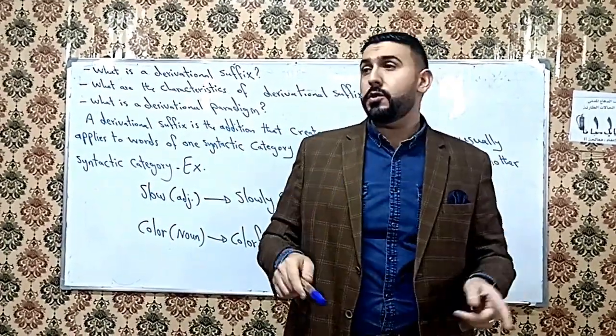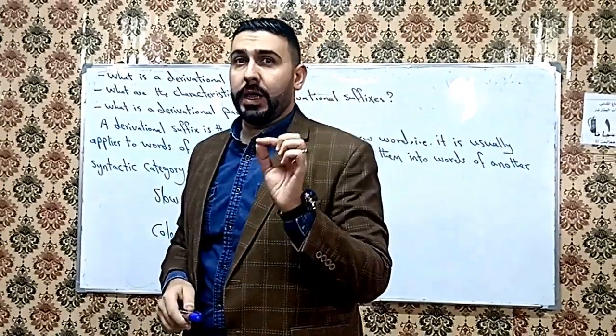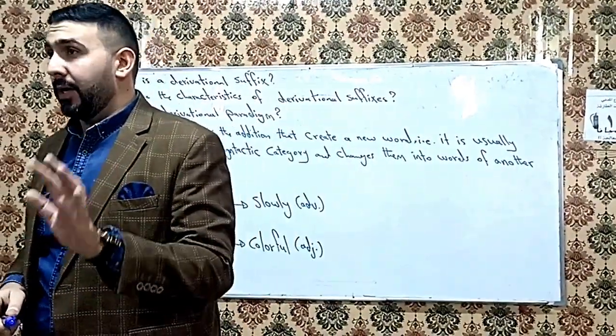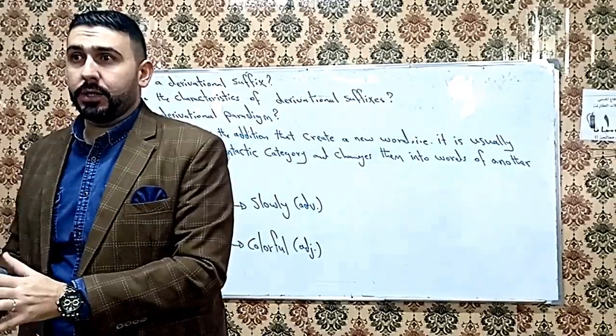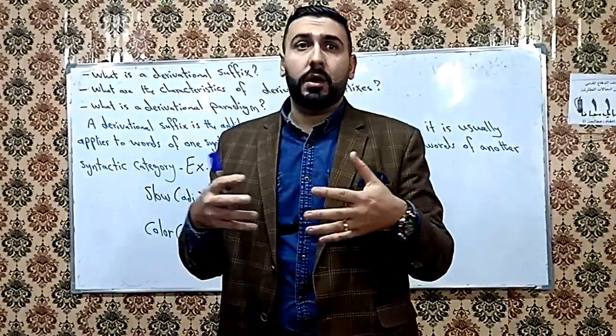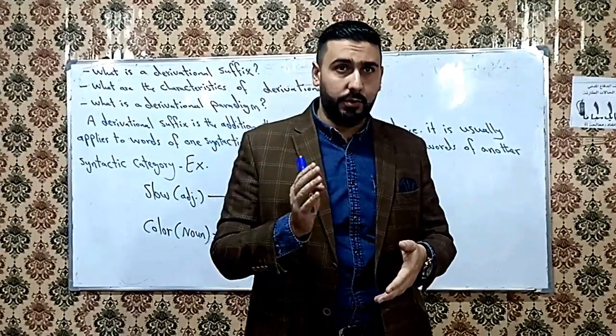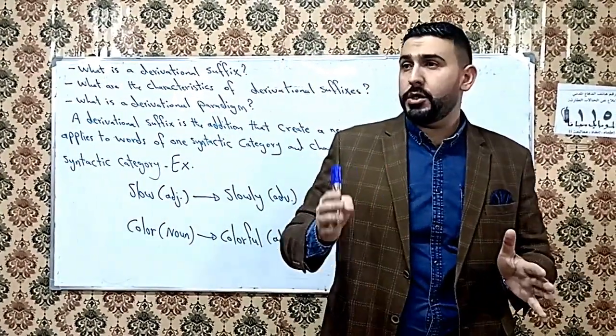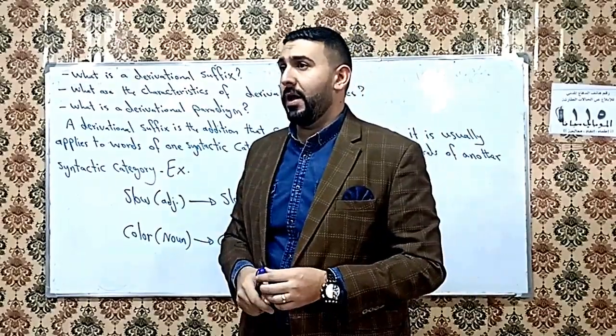Okay? So the total number of the inflectional affixes is 9, and these are considered as the last addition in the word. So they close off the word, they end the word. There is no other addition after the inflectional affixes.